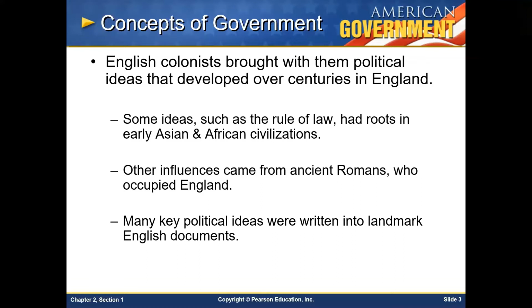Other influence came from the ancient Romans because they had controlled territory in England. Then these ideas were put to paper in these landmark English documents, so we can trace the roots directly to those landmark English documents.